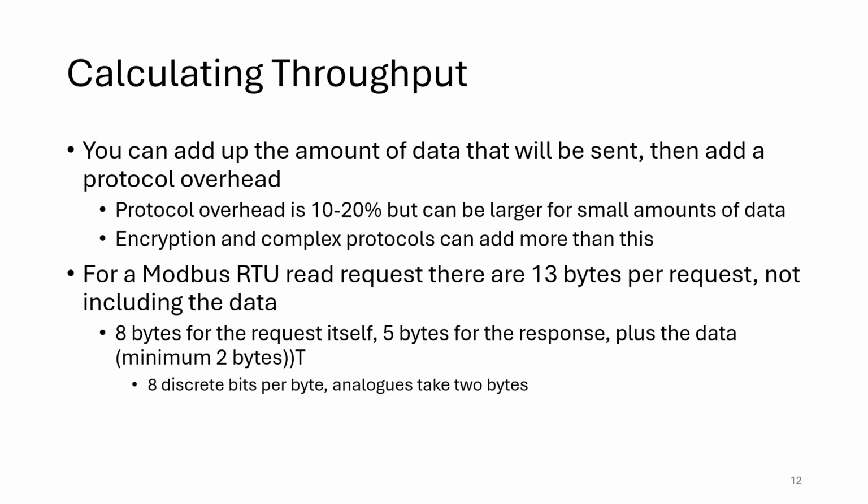That's more than 50%. But if you're reading, say, 128 bytes, then of course you've got 13 over 128. So now you're only down to 10% for the overhead. So you can calculate this and you can make estimates, and you could also do a worst case. So there are multiple ways of calculating throughput and the sorts of response times you can receive.